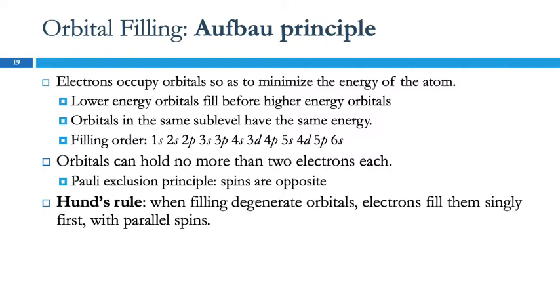The Pauli exclusion principle says that the spins are opposite. So I had to get a little creative with this one. This was inspired by a trip to Fort Snelling, Minnesota, where the soldier barracks had these really narrow bunk beds. If you think of a bunk bed, we'll just look at the bottom bunk.